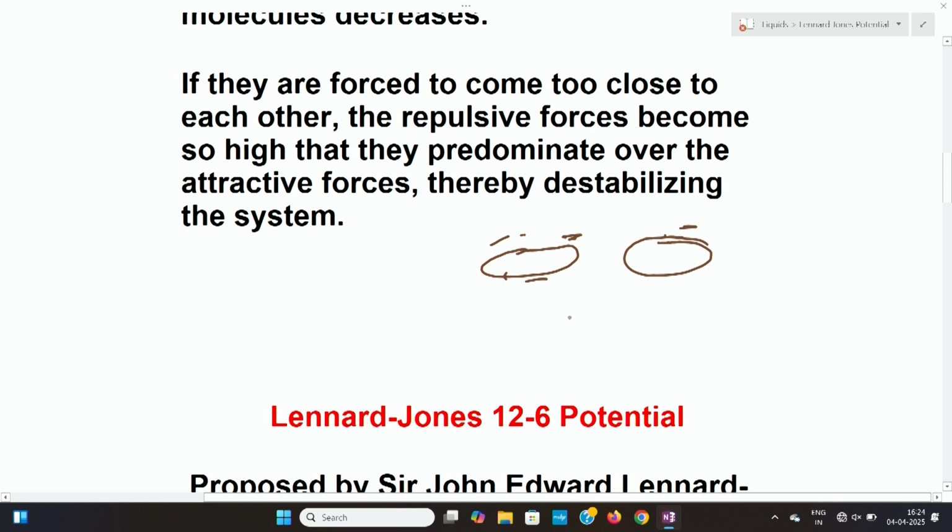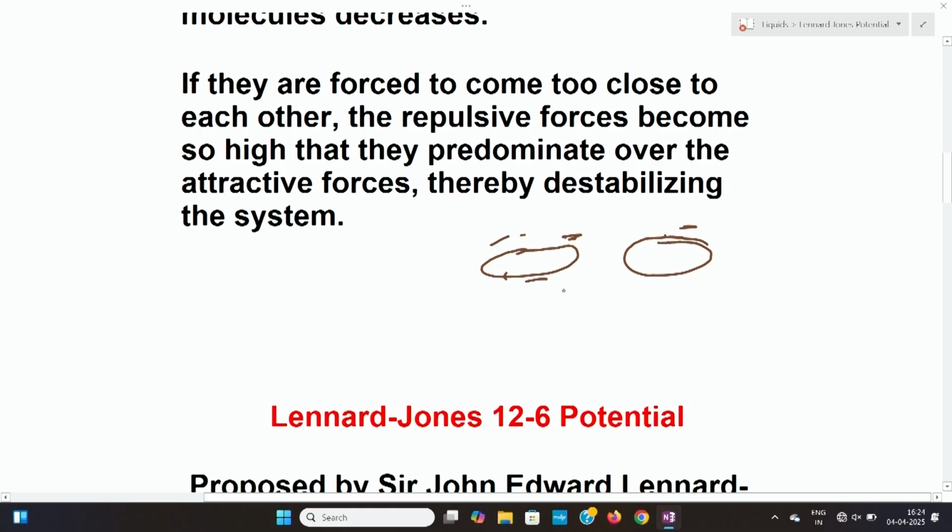Then the next thing is, when these molecules come closer, what will happen? The repulsive forces will be more. When the distance between these two molecules is less, then the repulsive forces will be more.